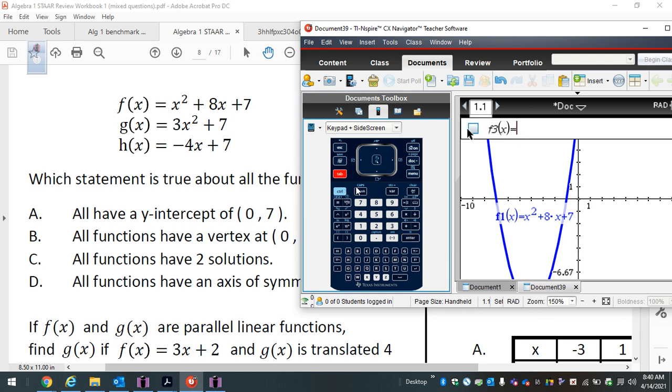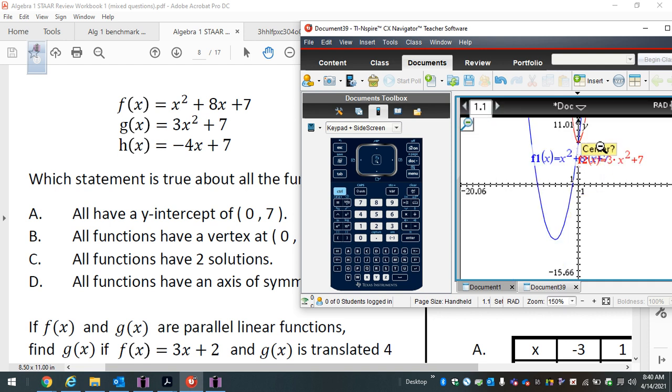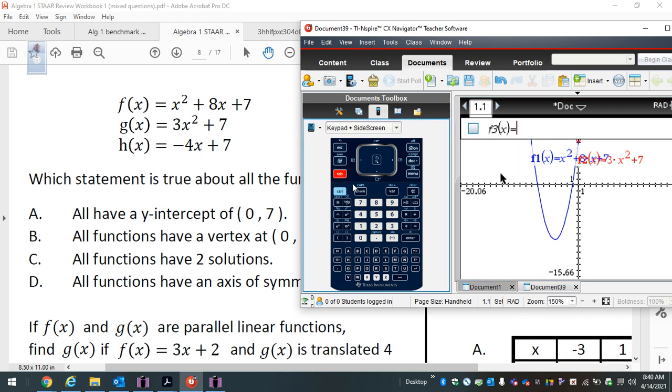And then tab. You know what, let me go to menu, zoom out. Okay, there's the other one up there. So I'm going to come back here, go to tab, and I'll type in the third one. Negative 4x plus 7.